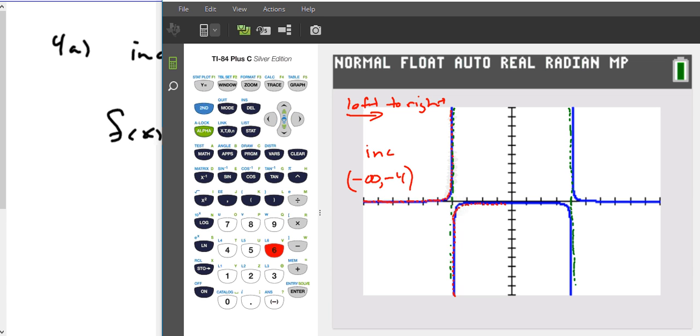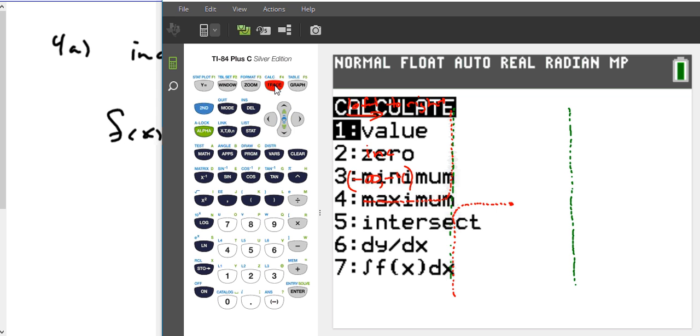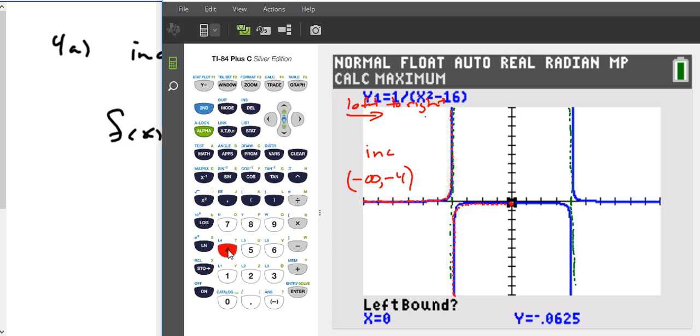To make it simple, I'm going to say that it stops increasing here at the vertex point. If you would actually find the max, you go to second calculate and choose maximum, number 4. We'd want to find this maximum. I'm going to go to the left side where I think the max is going to be, right there. I'll press enter, and then go to the right side.